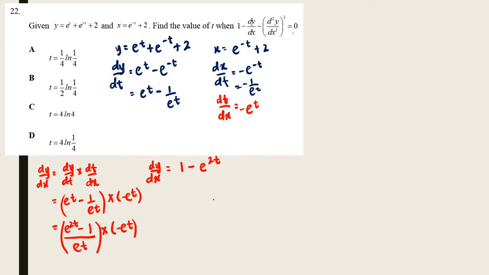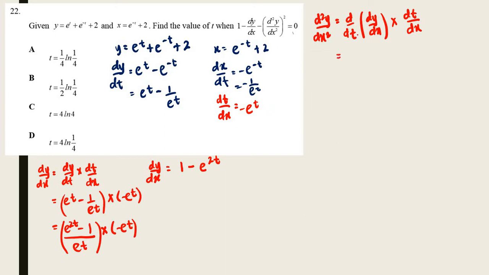For our second derivative, d²y/dx², you have to differentiate again with respect to t our dy/dx, and then multiply with dt/dx. This is the chain rule for the second derivative.